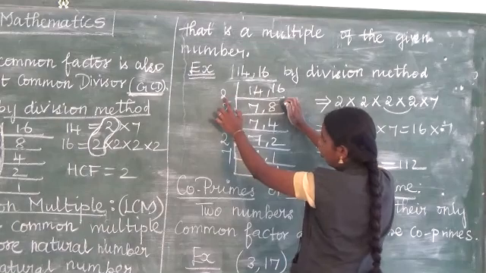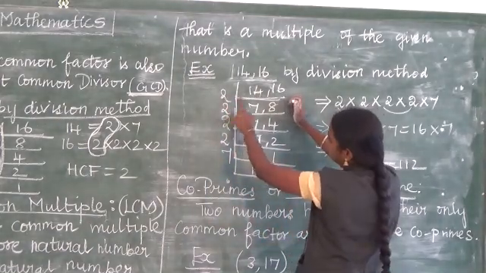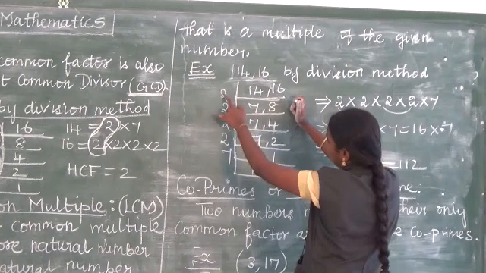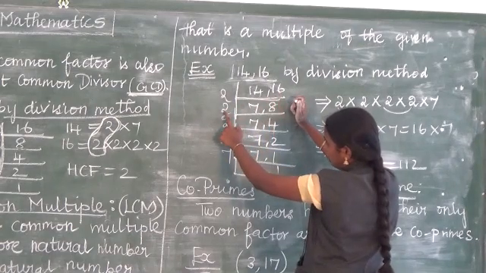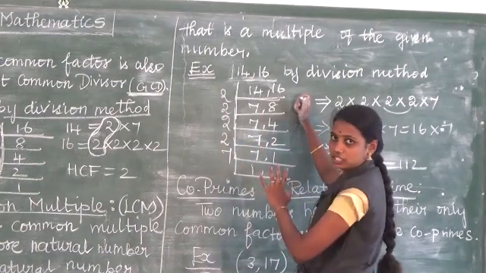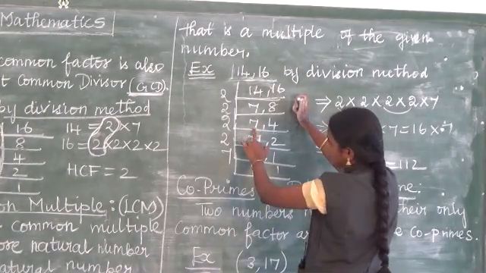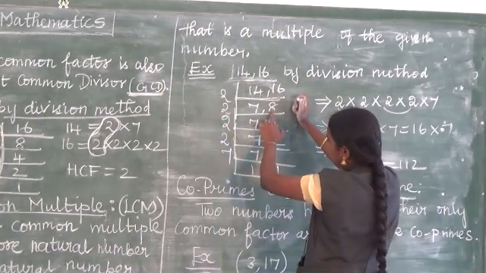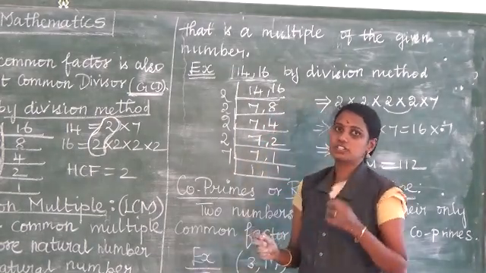Always start from the prime number 2. 2 7s are 14, 2 8s are 16. Then again 2 table, 7 will not come, so write the 7 as it is. Then 2 table, 8 will come 4 times. At least one number should be divisible.